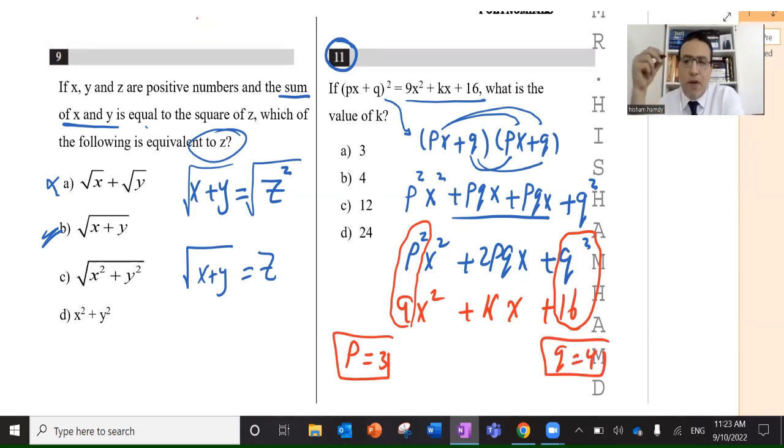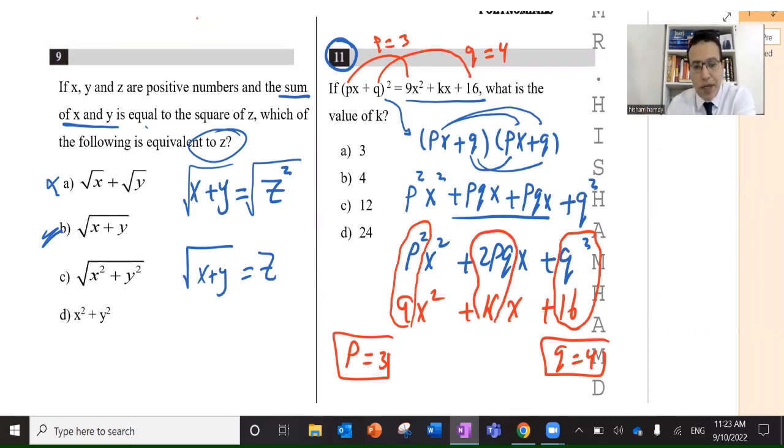And by the way, if you are smart enough or you know how to expand the bracket, you know that p squared gives you 9, so directly p is equal to 3. q squared is equal to 16, so q is equal to 4. But I tried to expand it for you just to explain it. And k is equal to 2pq, so 2 multiplied by 3 multiplied by 4, which is equal to 24. So the right answer is D.